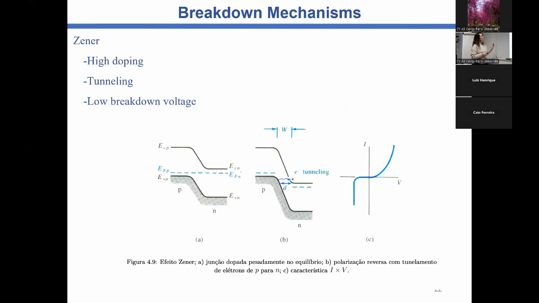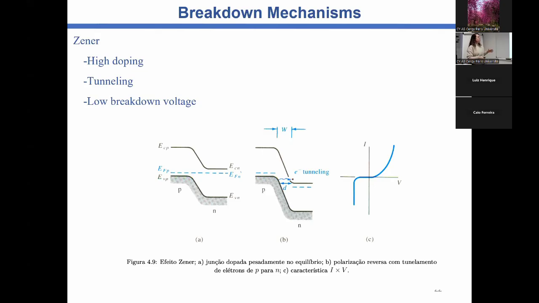Zener breakdown comes from a material with very high doping where the difference in the doping is quite huge, so you will have tunneling. You will not block your minority carriers from being transported, but the minority carriers will be tunneling through this barrier.